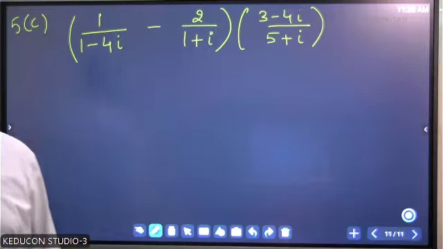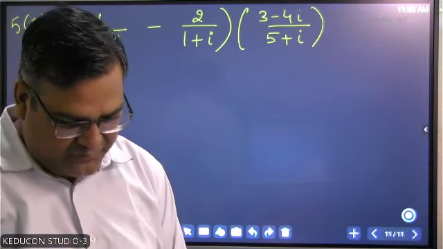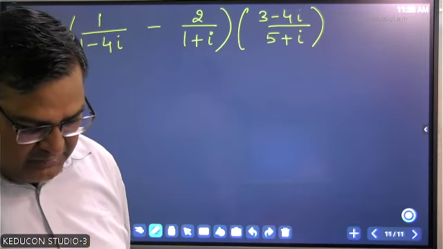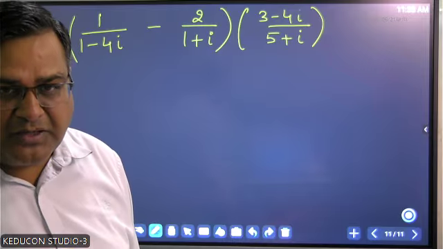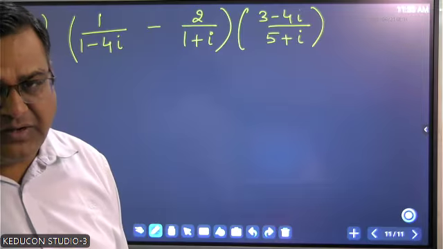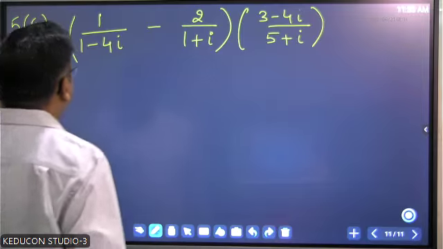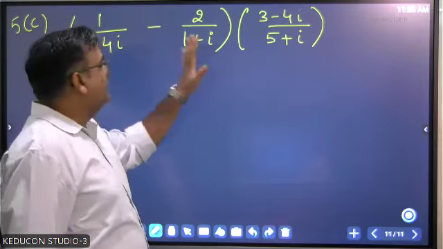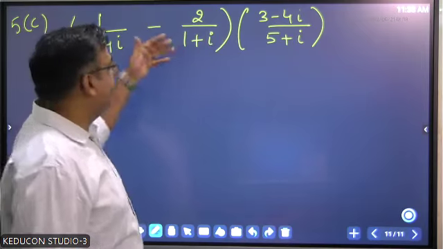Is this clear, students? 1 upon (1 minus 4 iota) minus 2 upon (1 plus iota), into (3 minus 4 iota) upon (5 plus iota). Students, here first we'll solve this bracket. We'll take the LCM and then we'll solve it.